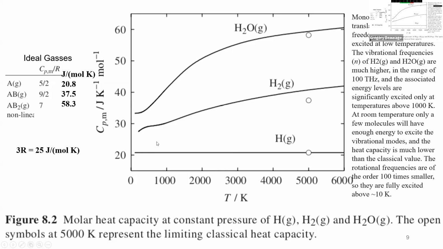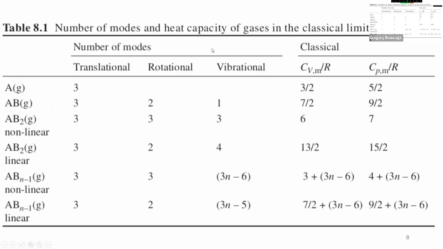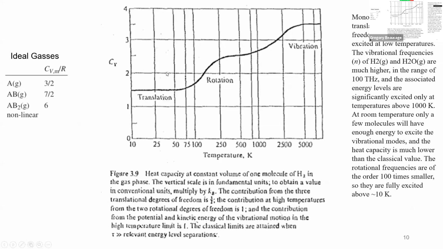As you go up in temperature, you have translational motion, which happens at any temperature. Rotational motion is a little bit higher energy, so it kicks in at a higher temperature. Vibrational is higher energy still, so it comes in at another temperature. So the translational part would be the 3/2 R value, then rotational kicks in at some temperature, and vibrational later.